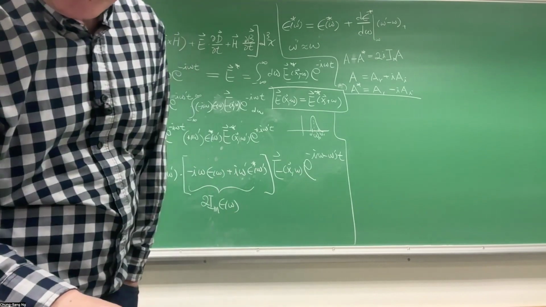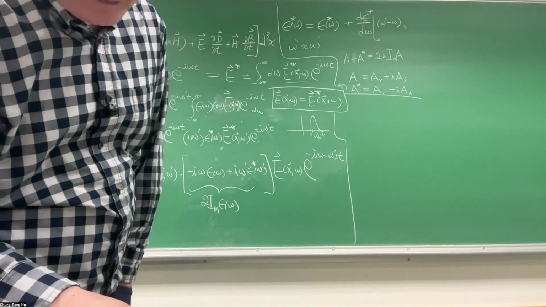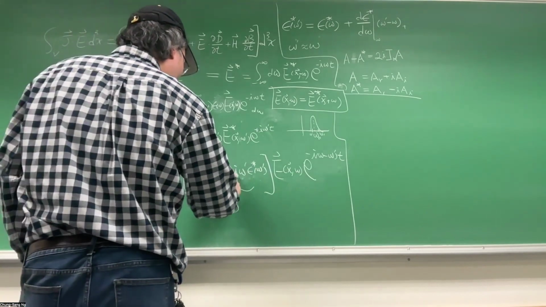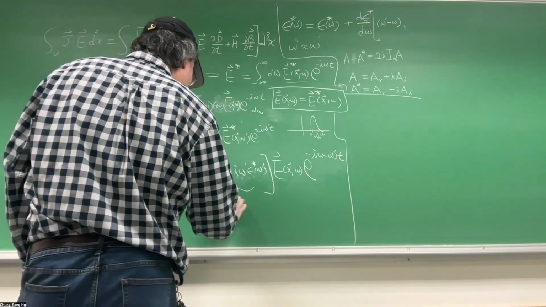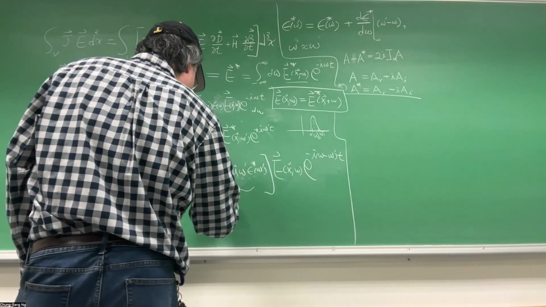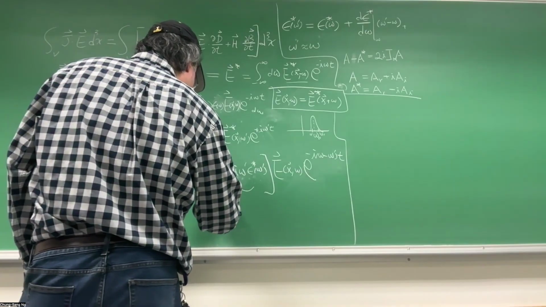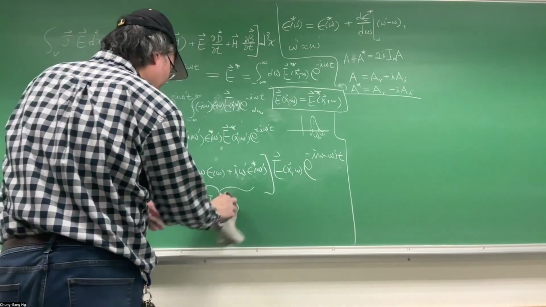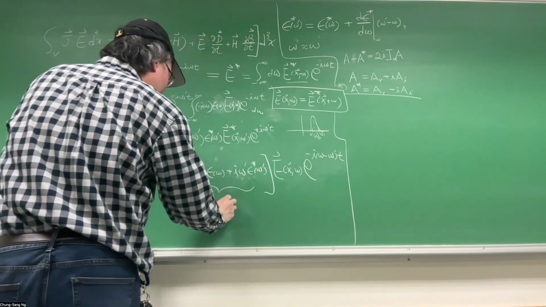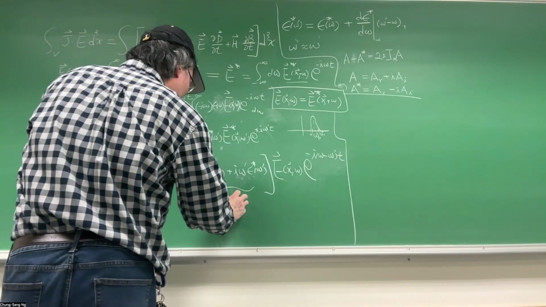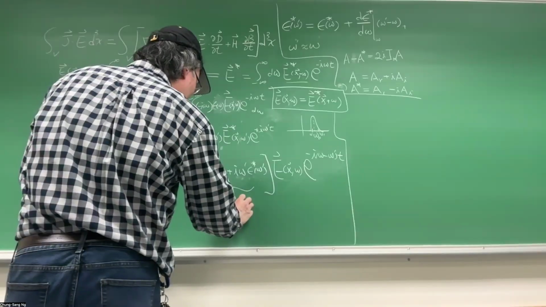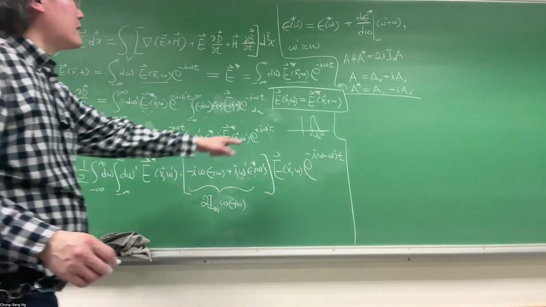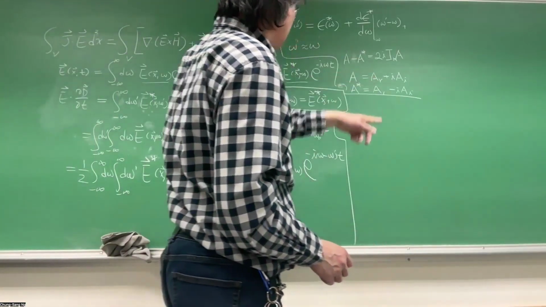And multiply by omega as well. Omega is real, but you can take it out of the imaginary. But Jackson writes it like that. Write it again. Omega times epsilon omega. But that is the first term.